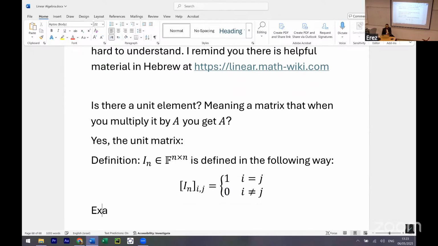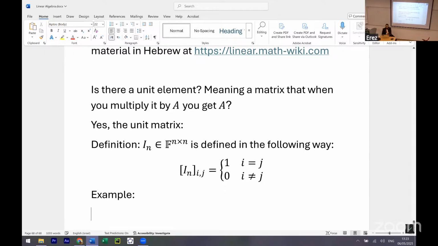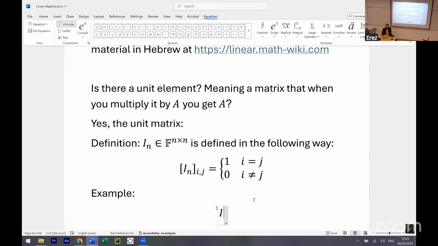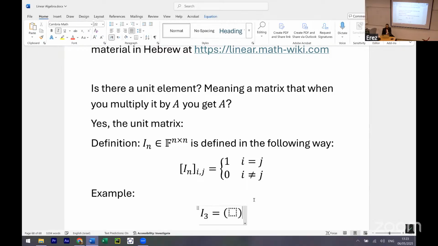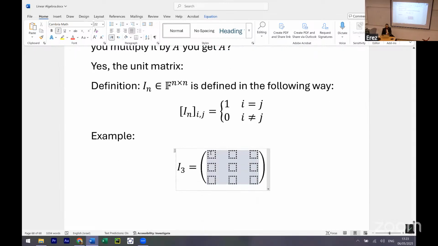Let's do a quick example. Let's take I_3. That's a 3 by 3 unit matrix. So here, the number of row is 1, the number of column is 1, so that's 1.